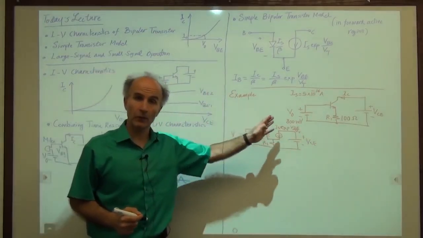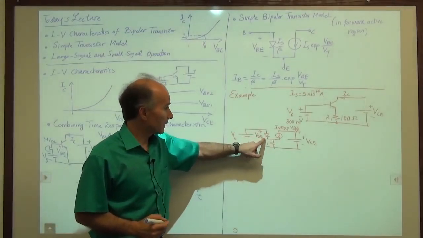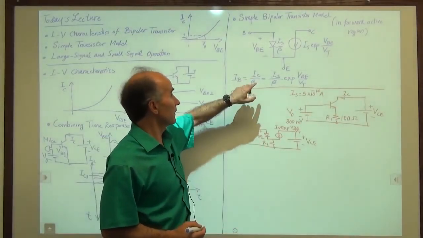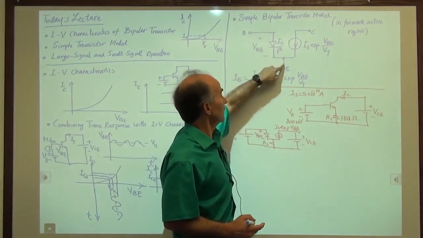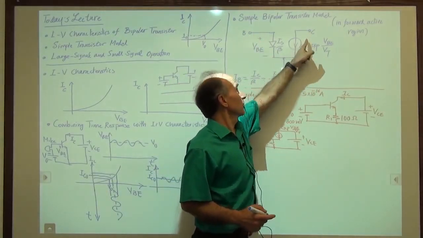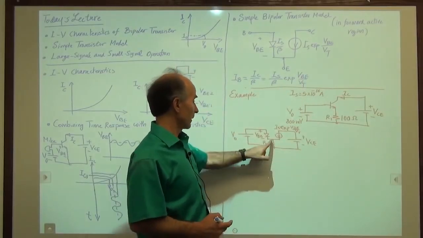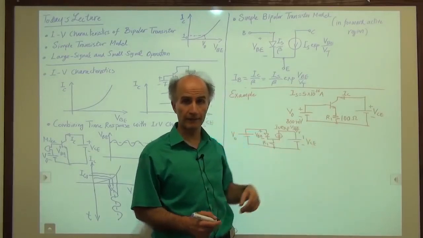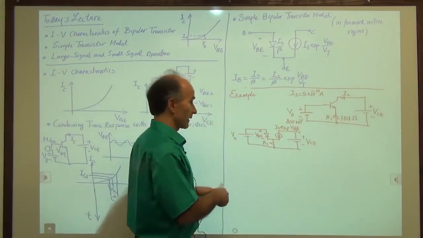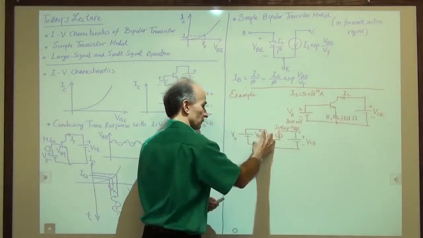So I replaced the bipolar transistor with its model. The model tells me what goes to what terminal. The diode goes between base and emitter. The current source goes between collector and emitter. That's all. Emitter is this point because that goes to the top terminal of R1. So now we have a simpler representation of the circuit over here.